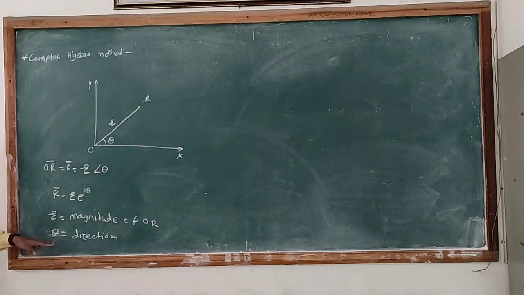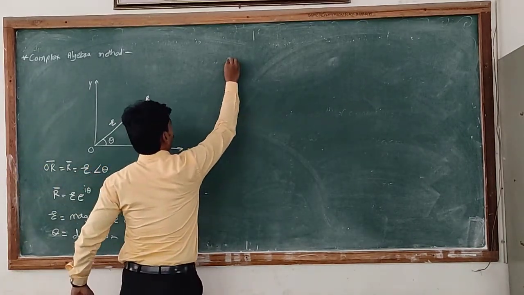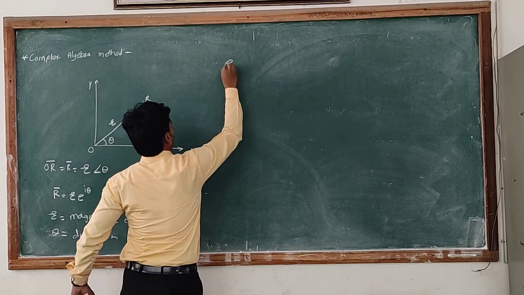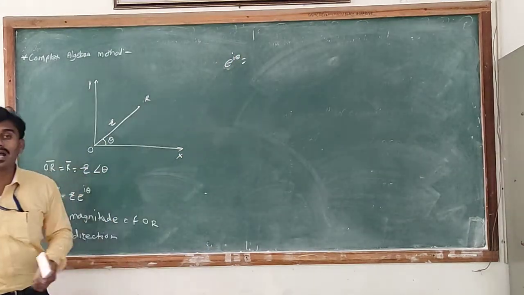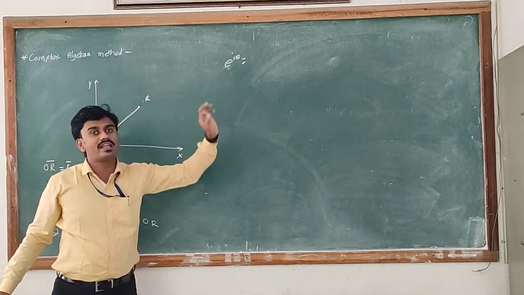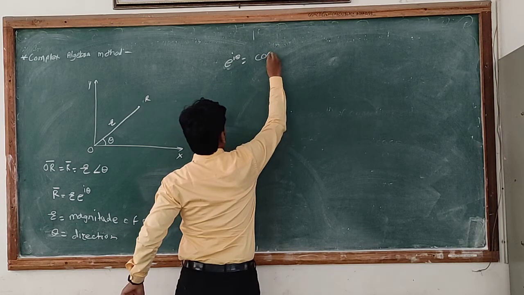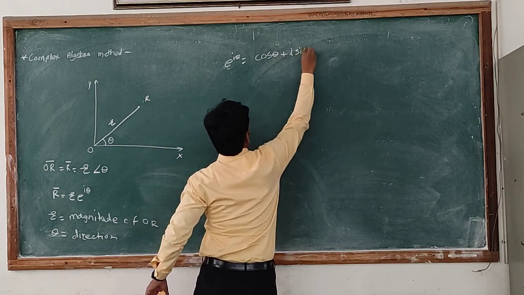Therefore, if I want to write e raised to i theta in complex algebra form, it is equal to cos of theta plus i into sin of theta.